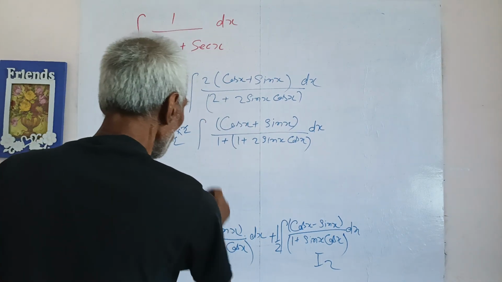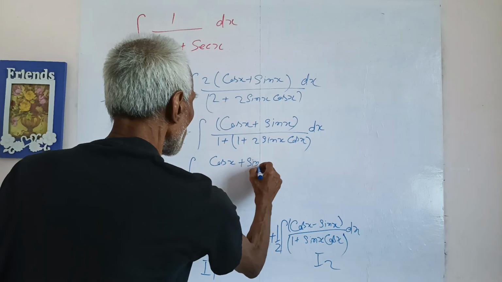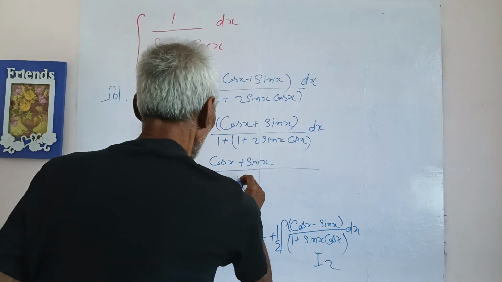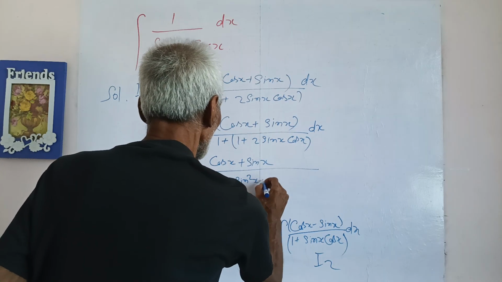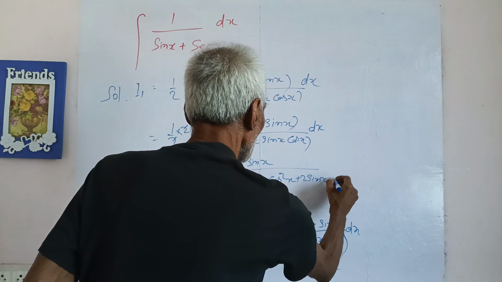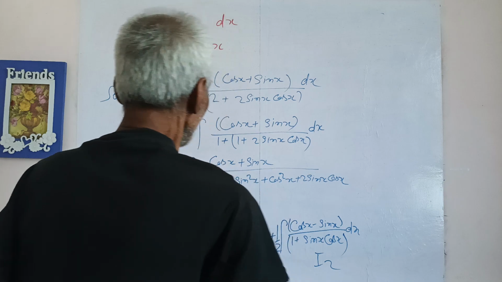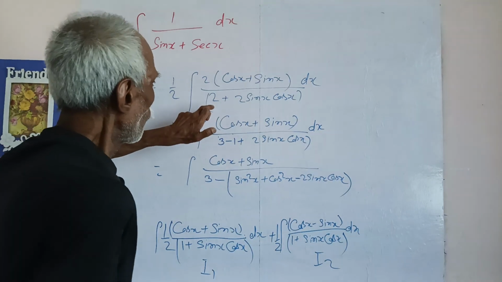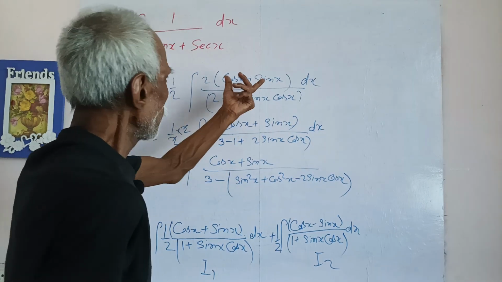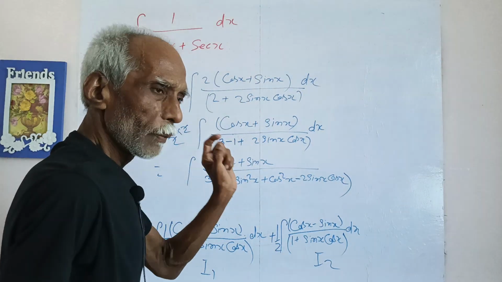Now write cos x plus sin x by 1 plus sin square x plus cos square x plus 2 sin x into cos x. For this 2, we have to write as 3 minus 1, because here it is in the form of a plus b, then here you have to make the form a minus b.